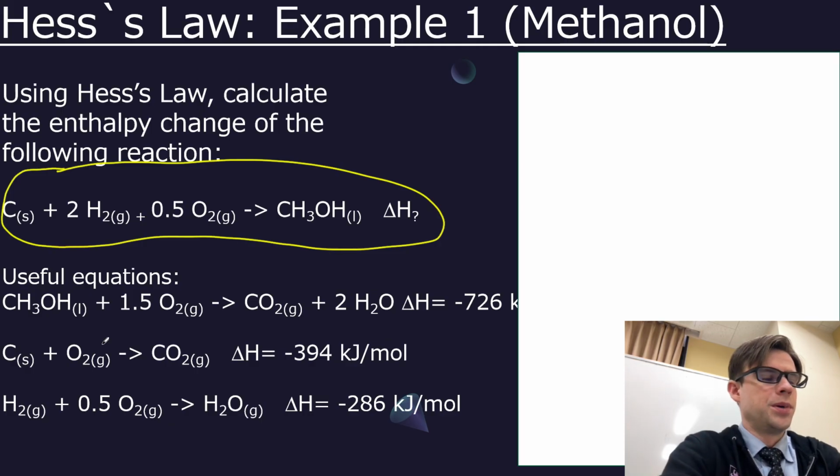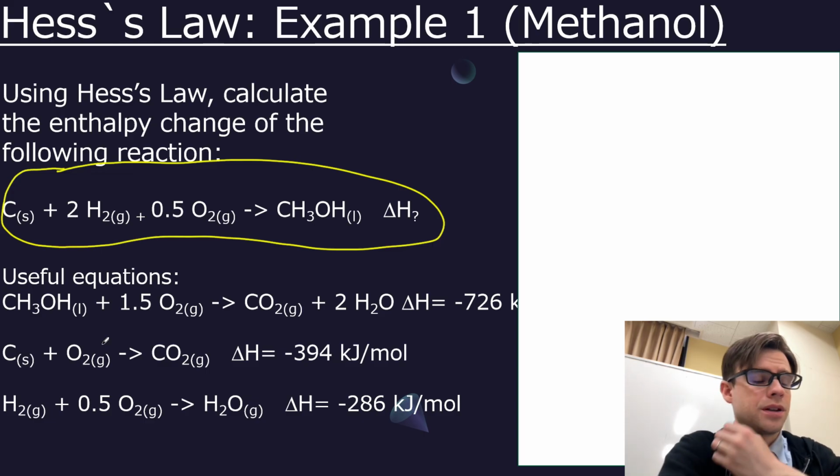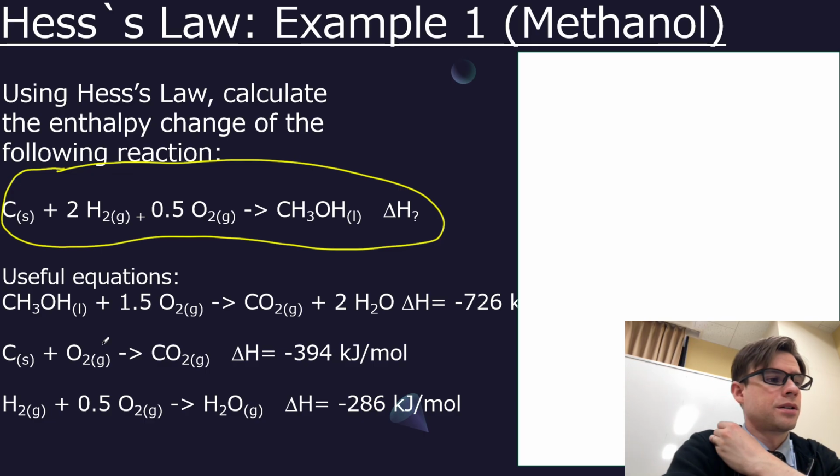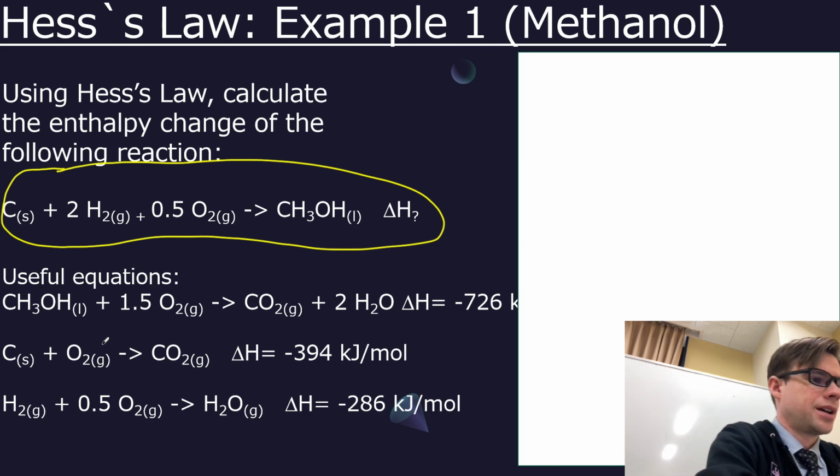Okay, so we need to build this equation at the top in the yellow circle. That means we need a methanol, CH3OH, on the right side as a product. None of our 3 equations underneath has methanol as a product. In fact, only one of these equations even has methanol at all. It's the first one there. Maybe we'll label that number 1.